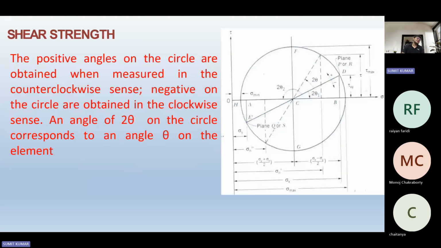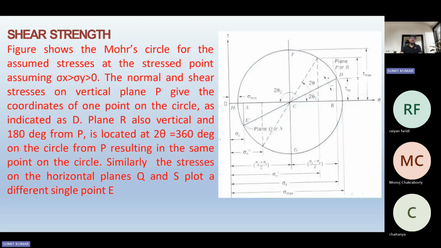So it is a better understanding that the theta which we develop in the normal plane gets converted into 2 theta for the actual plane, right?